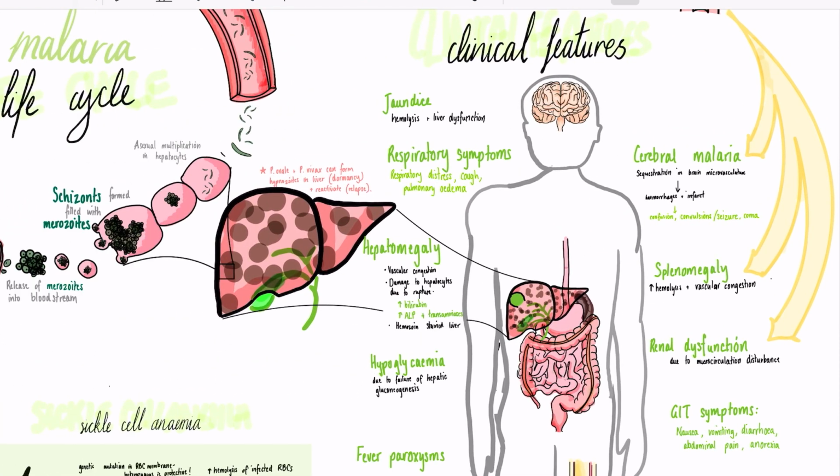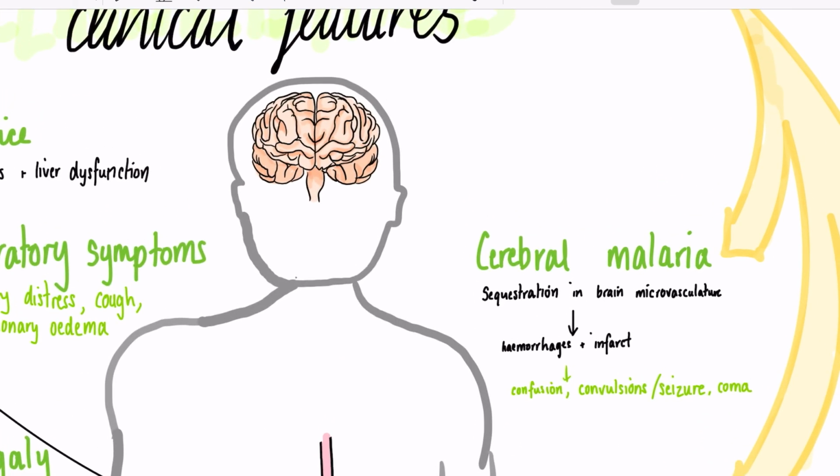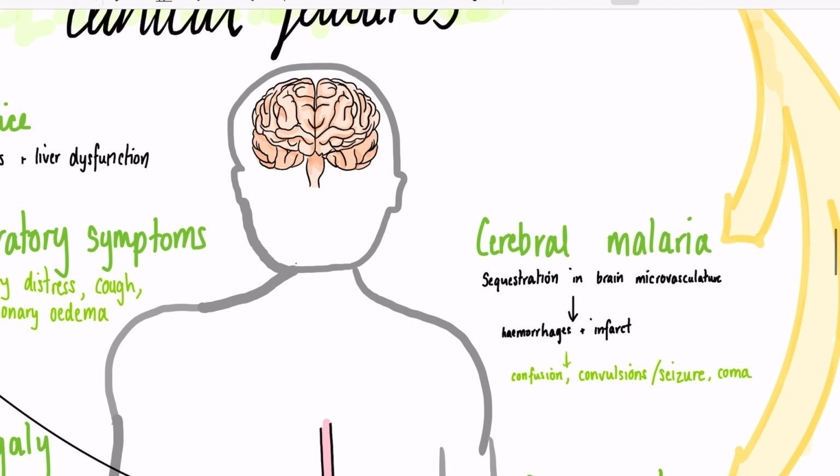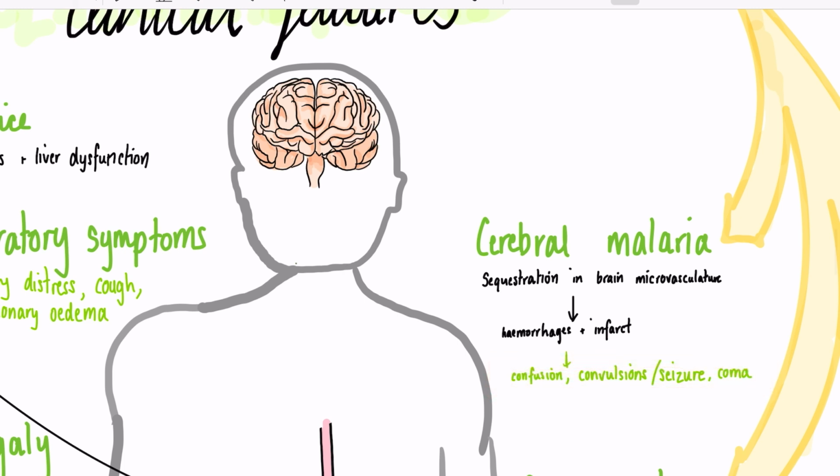Starting off with cerebral malaria, which is a consequence of Plasmodium falciparum infection, sequestration of infected erythrocytes in the brain microvasculature leads to hemorrhages and infarcts, because obviously if you've got plugged up blood vessels, you're not getting blood to the brain, you're going to get ischemia, and this leads to neurological consequences such as confusion, convulsions, seizures, and coma.